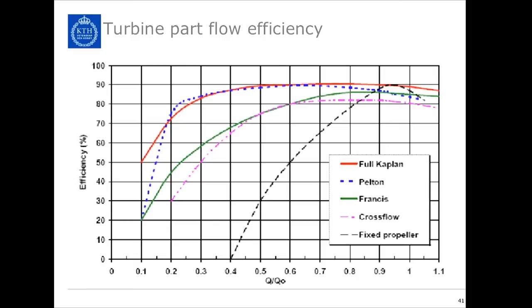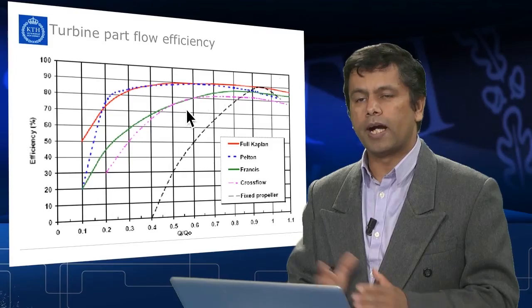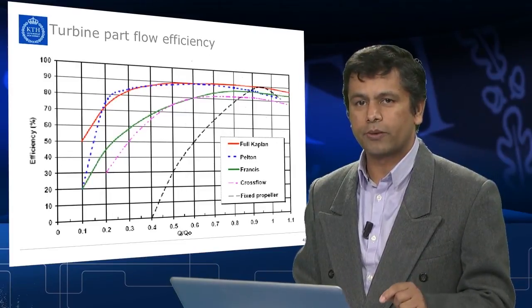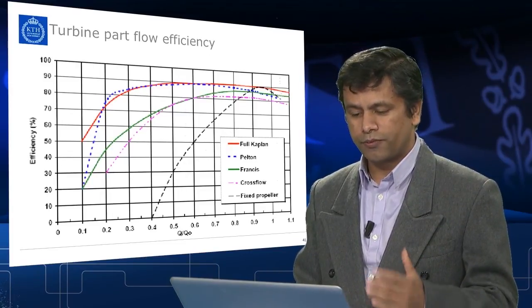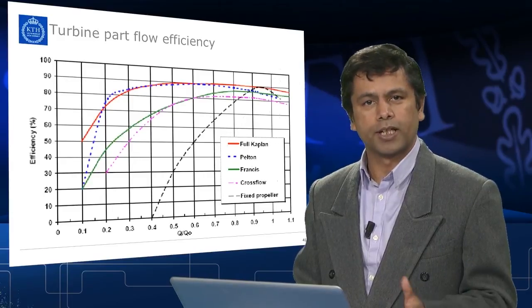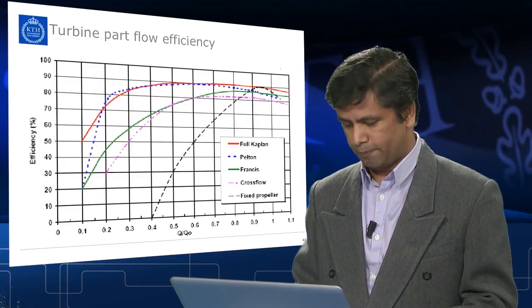If you look at this one, the fixed propeller turbine has a very poor part load efficiency, and the good turbines in terms of part load are the full Kaplan, and also the Pelton turbine has better efficiencies, and the cross flow efficiency is not so good. You can see here with this line. So in that sense, even if the cross flow and the Pelton turbine are feasible in that particular head and flow, we'll prefer to choose the Pelton turbine because of higher part load efficiency.